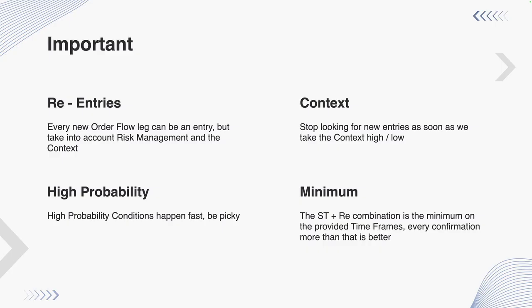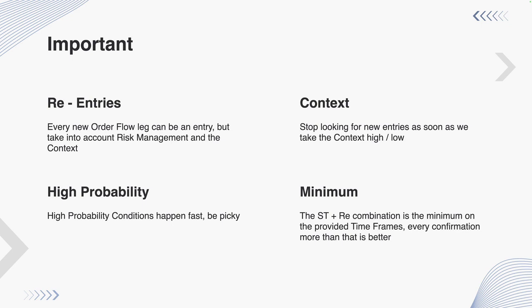It's very important to understand that you can't just spam the button of buy at every new order flow leg. It does not work like that. Ideally, if you're just starting out, my advice would be focus on one singular entry in a context area. You don't need more than that in the beginning. Eventually, once you get more to the advanced stage, you can look at multiple entries in a context area.